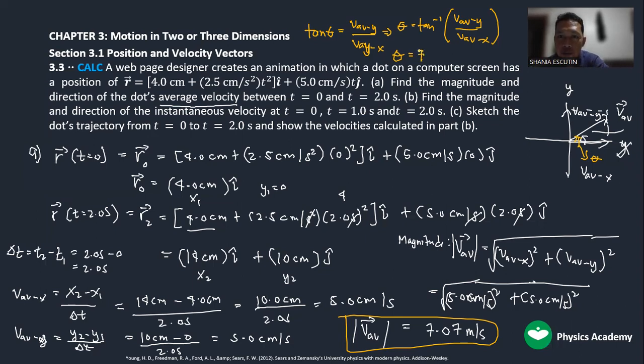Our direction is 45 degrees, north of east, or 45 degrees from the positive x axis.